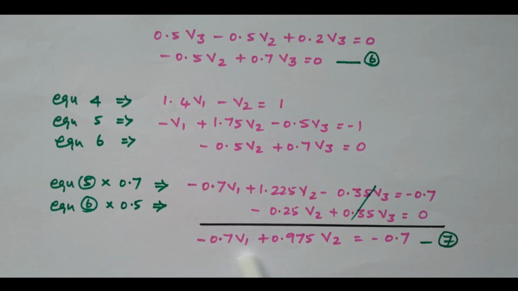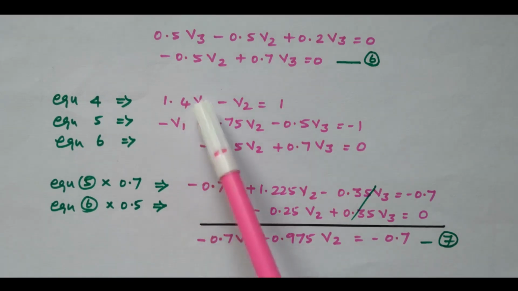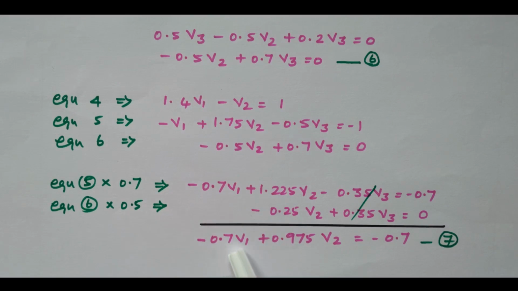So if you multiply equation 7 with 2, here also we will get 1.4. So that we can cancel the term V1. Now we are going to cancel the term V1 between equation 4 and equation 7 by multiplying 2 in equation 7.